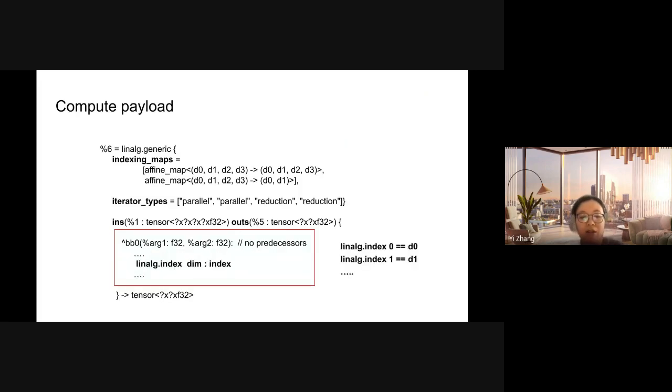Another Linalg operation that's quite useful and often used in the compute payload is Linalg index. This is used to get the index value along one dimension. For example, in this snippet, Linalg index 0 would equal the value of D0, and Linalg index 1 would equal the value of D1.